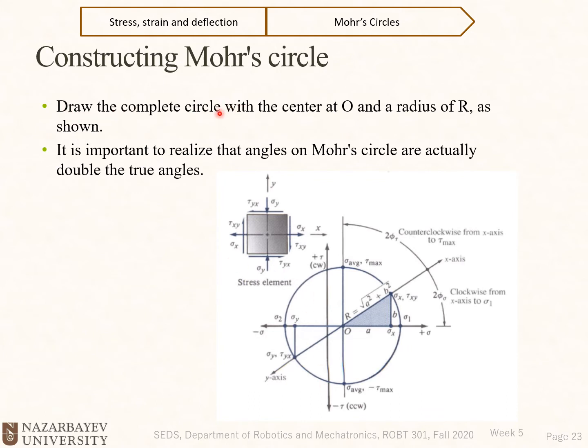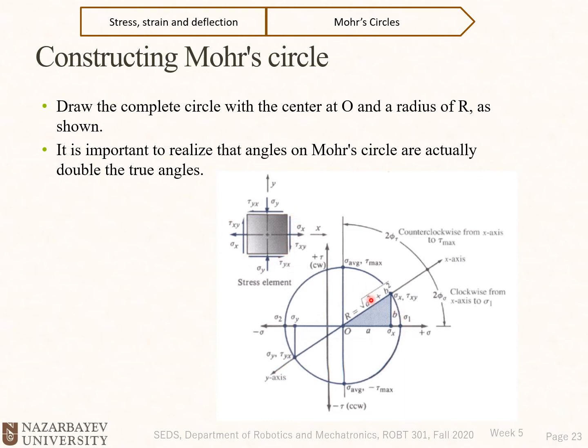Draw the complete circle with the center at O and radius of R as shown. Now this is the Mohr circle. It is important to realize that the angles on the Mohr circle are actually double the true angles. So here we have our element.